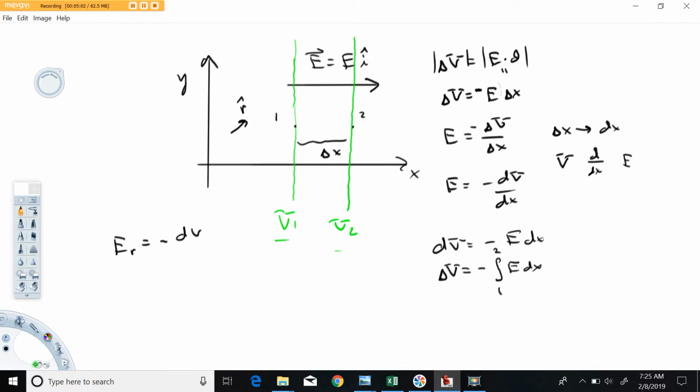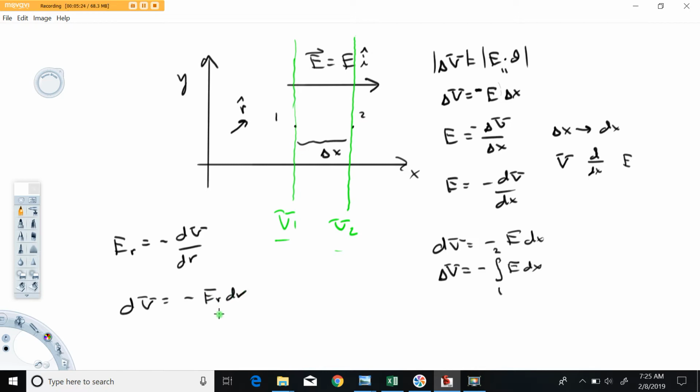Sorry about that, I didn't mean it to be. Whatever the potential is, differentiate it in a certain direction with respect to position, and with a minus sign, you get the electric field in that direction. Rearranging this slightly, dV is going to equal minus E sub r dr.